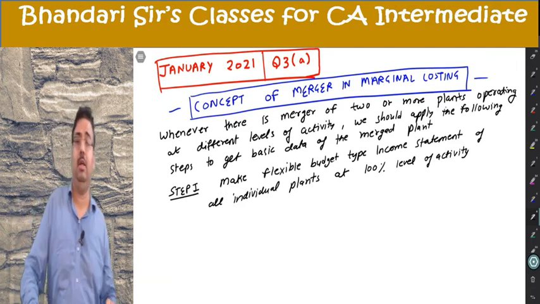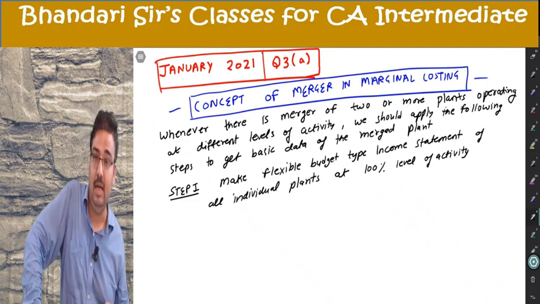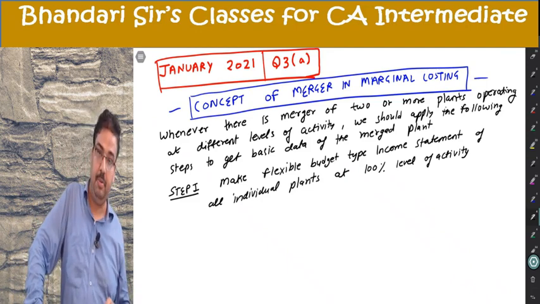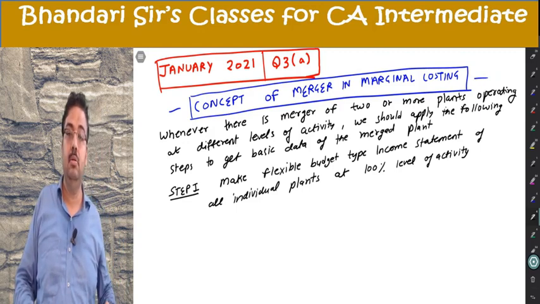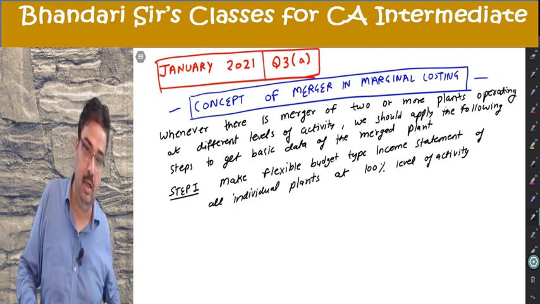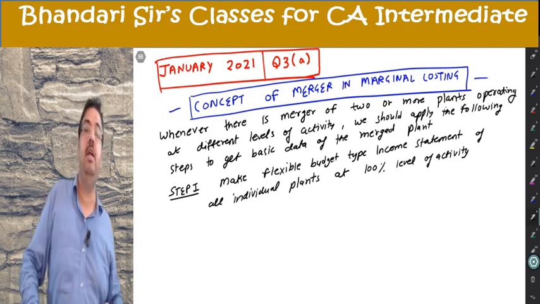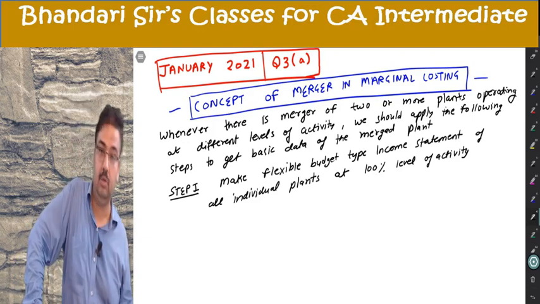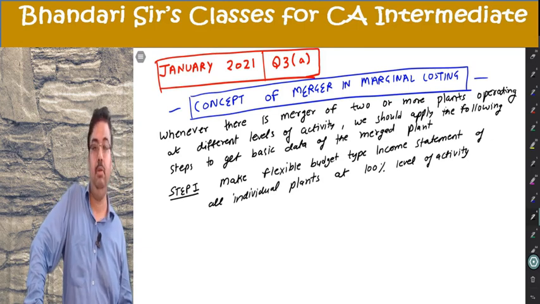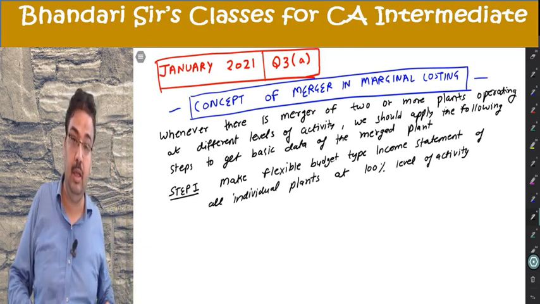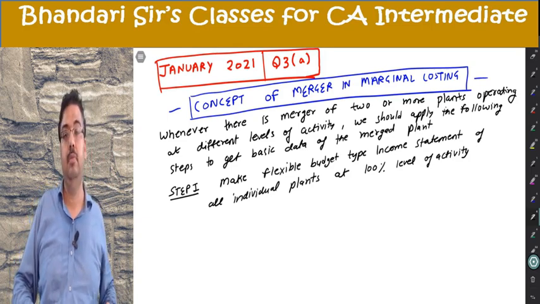How to do that? Whatever is sale, let us say my sale is 7 lakh at 70% level of activity. At 100% it will be 100 by 70 of 7 lakh, that is 10 lakh. My variable cost was 3,50,000 at 70%. At 100% it will become 3,50,000 into 100 by 70.